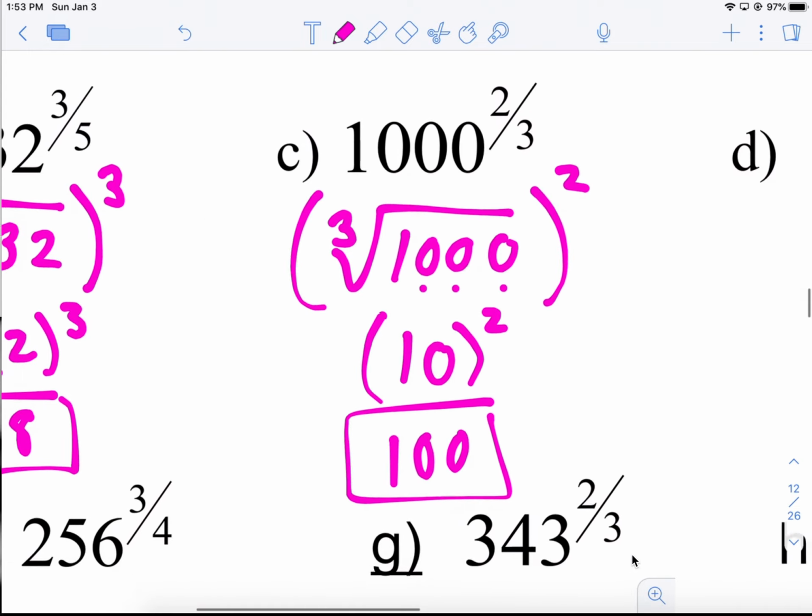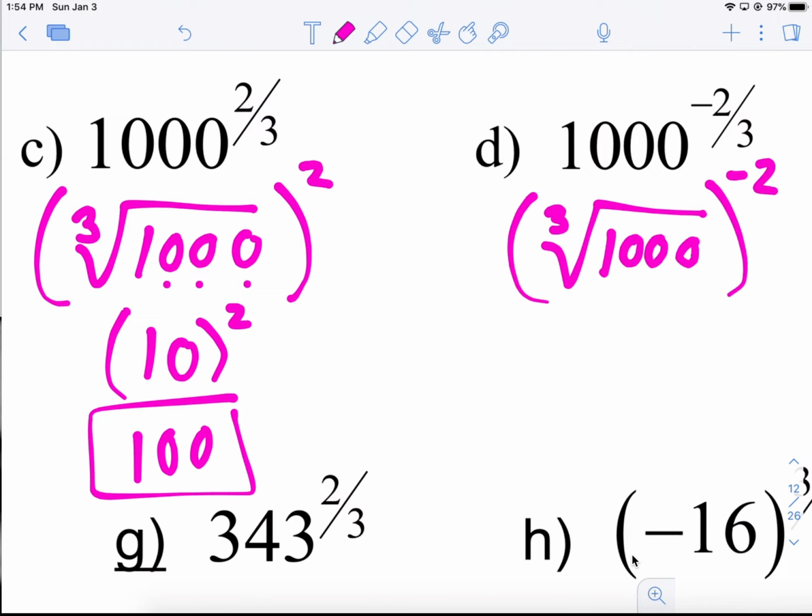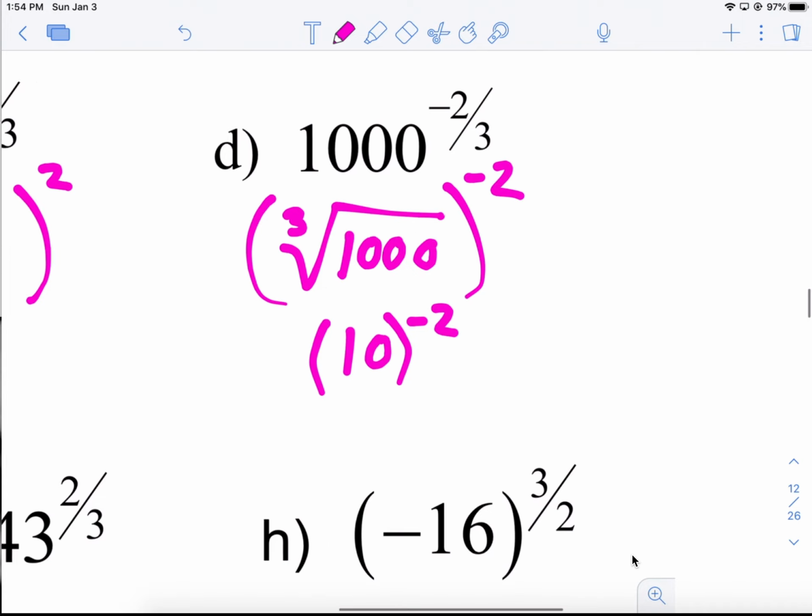Let's do one more of these. This one has a negative. And if you remember talking about the properties of exponents, if they're negative, we've got to change some levels. So here's how I would solve this. I would do the same thing again with the cube root of 1,000, and I would keep it raised to the -2. When I get the 10, then I would change its level. So I'm going to move to the side a little bit.